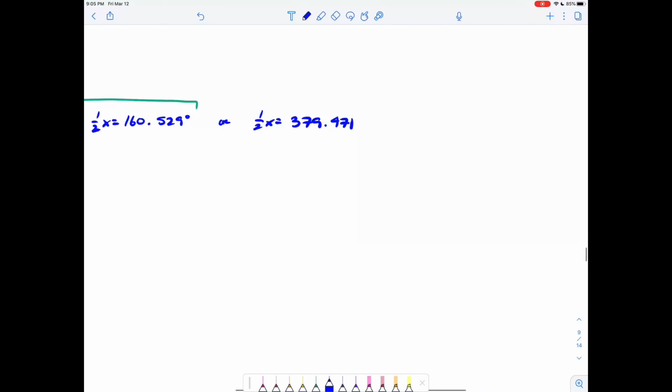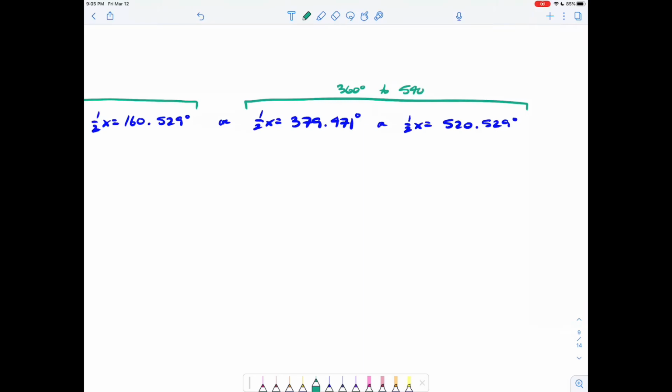And 160.529 plus 360 is 520.529. Don't forget my degree symbols. That was close. So those are the ones that take us from 360 degrees to 540. Those are all of our possible values for half of x.